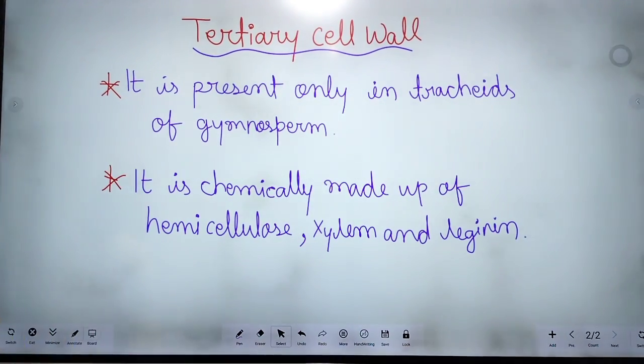It is chemically made up of three things. First one is hemicellulose, xylem and lignin.